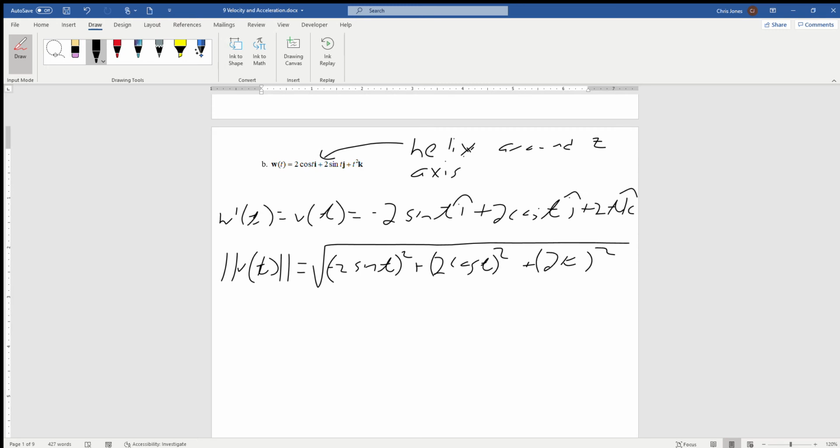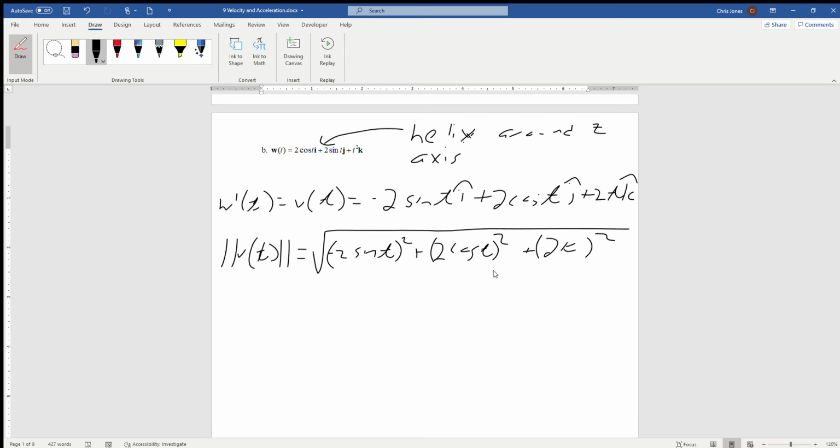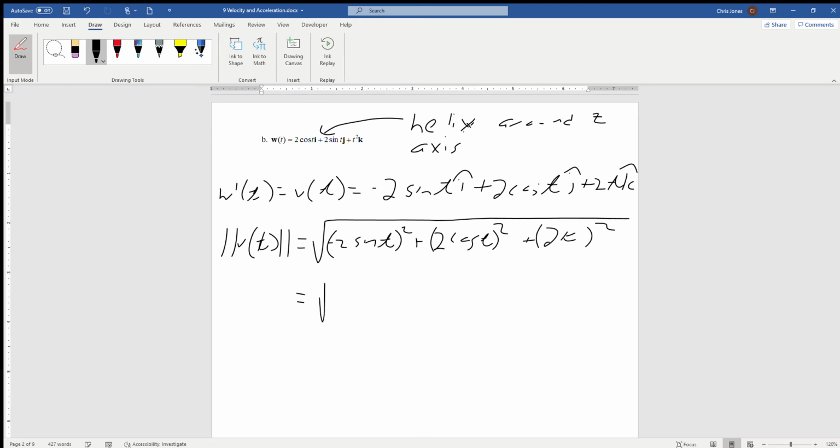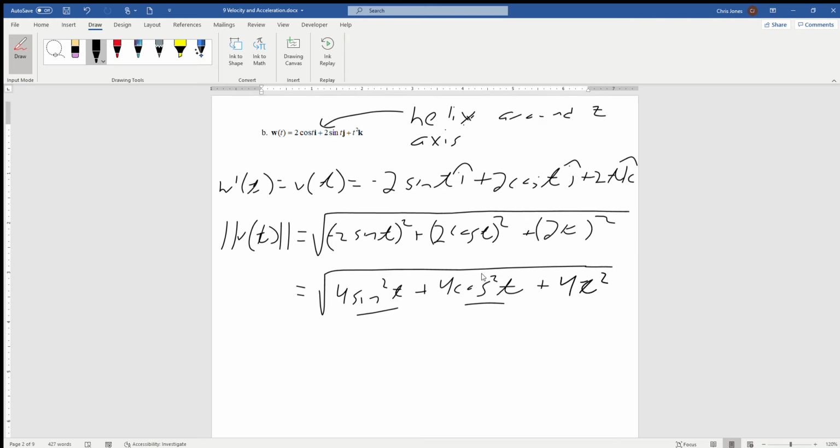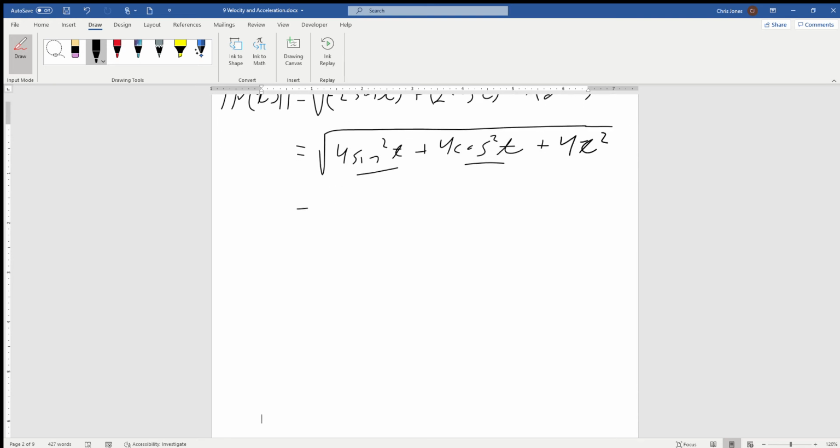All right. Now we can simplify this, and we should. That's going to be equal to the square root of 4 sine squared t plus 4 cos squared t plus 4t squared. We know that sine squared plus cos squared is 1, so if we factor out a 4 and use that Pythagorean identity, we can write this as 4 plus 4t squared.